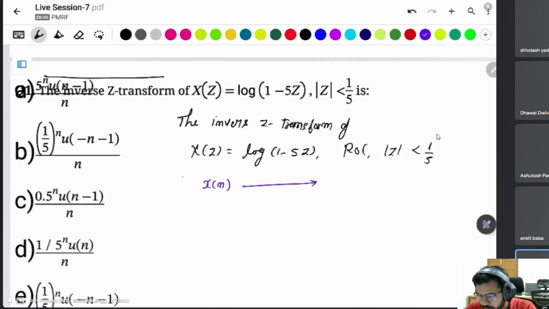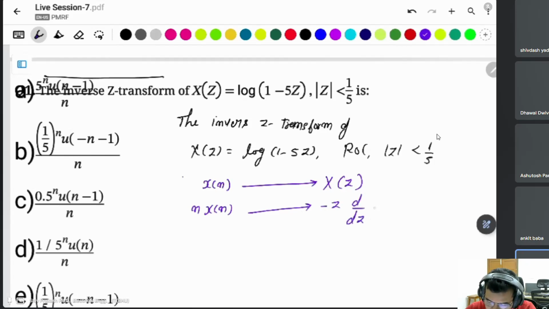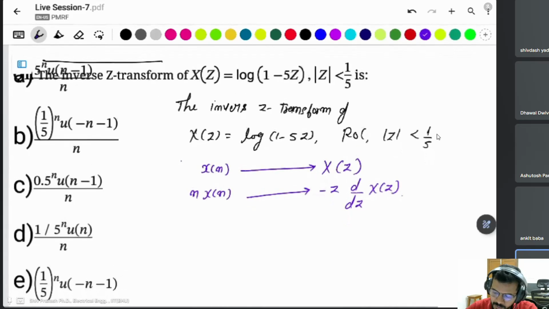If there is a discrete time signal x[n] with Z transform X(z), and you multiply by n in x[n], the whole system will be minus z times the derivative of X(z). You can use this property to solve the question.